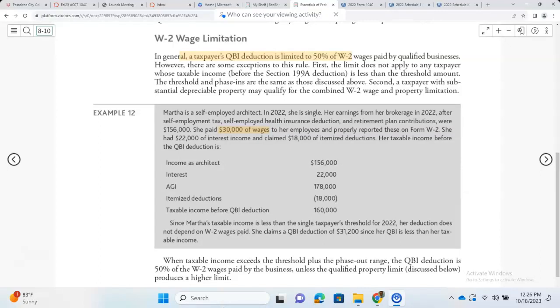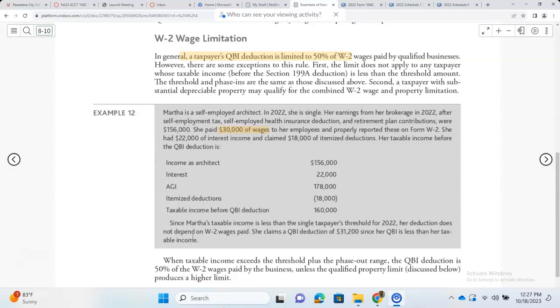Otherwise, that 50% of wages would be a limitation on how much you can take, 50% of 30. But we're not going to go there because 160 is less than the threshold. So she claims a QBI deduction of 31,200 since her QBI is less than her taxable income.